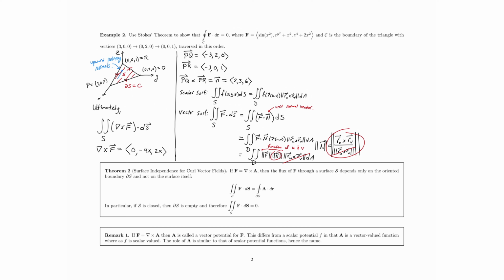In which case, this whole thing boils down into the double integral over D of the magnitude of F times the magnitude of r_u cross r_v.